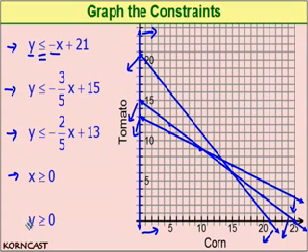And then last but not least, my next special case, y is greater than or equal to 0, which means it's going to be a horizontal line crossing the y-axis at 0, or it ends up being my x-axis. And just like last time, y is greater than 0 means I'm going to shade above.